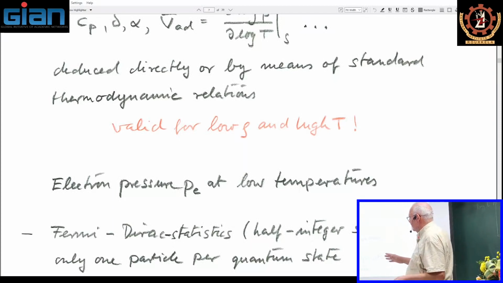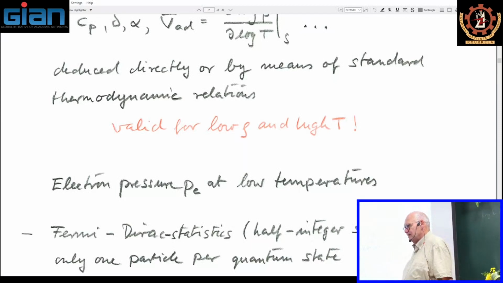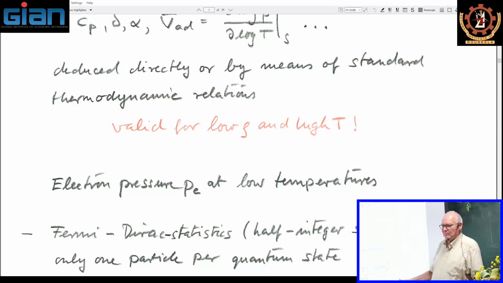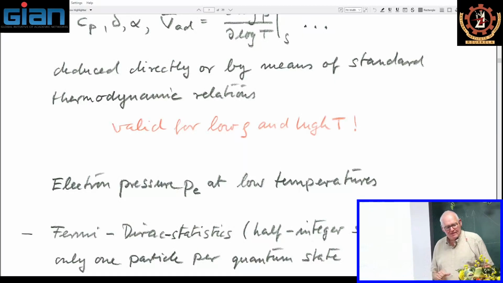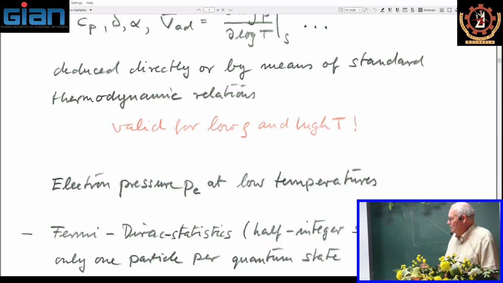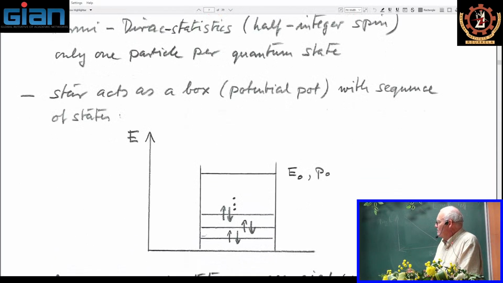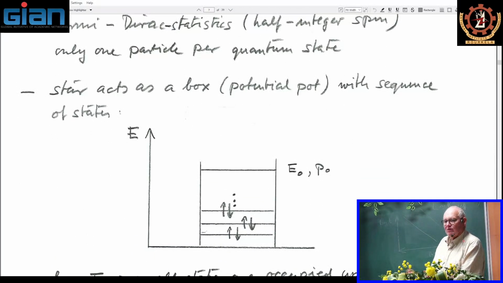So, okay, if we construct the possible quantum mechanical states for the electrons, we can put into one state at maximum two electrons, spin up, spin down. Well, what is the potential in which our electrons move? Well, our star acts as a box.